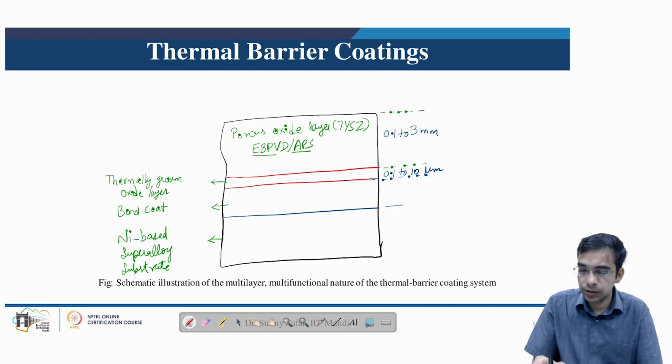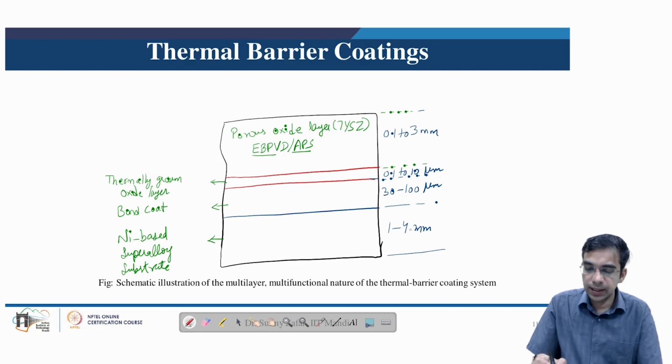The bond coat thickness is of the order of 30 to 100 micrometer, and the nickel based superalloy substrate is of the order of 1 to 4 millimeters. So this is the multi-layer: there are multiple layers. Now we will understand the multifunction. What is the function of all these layers?